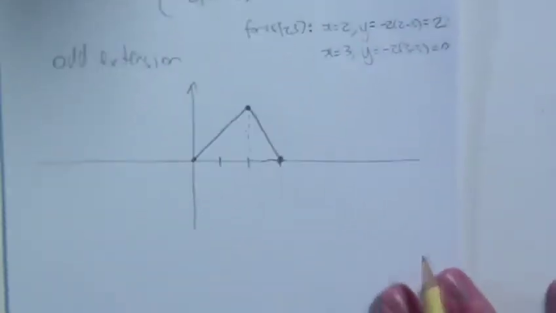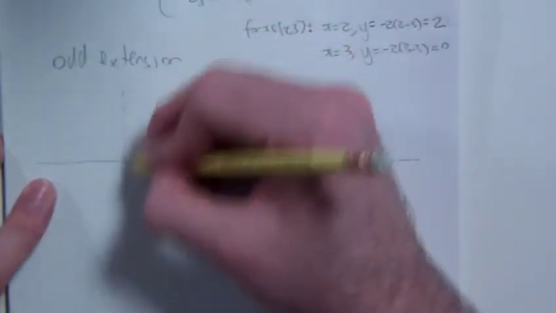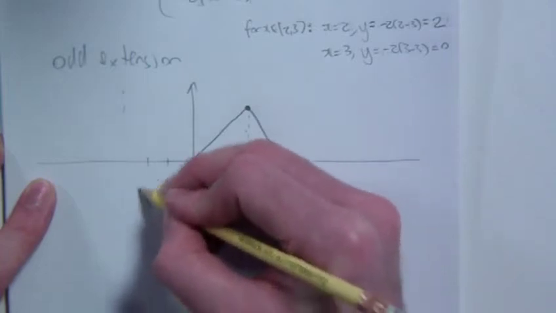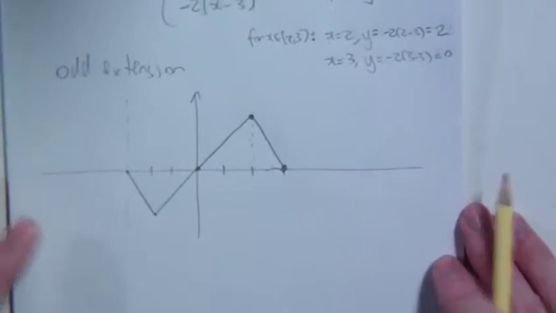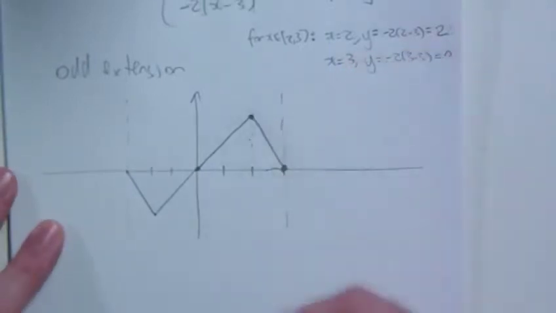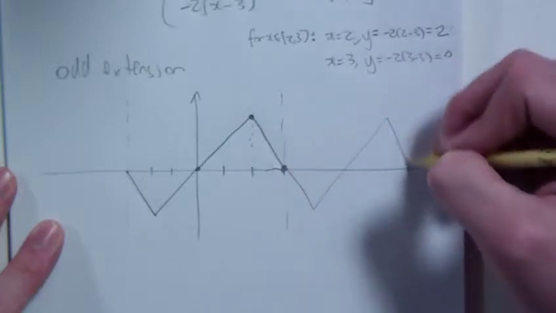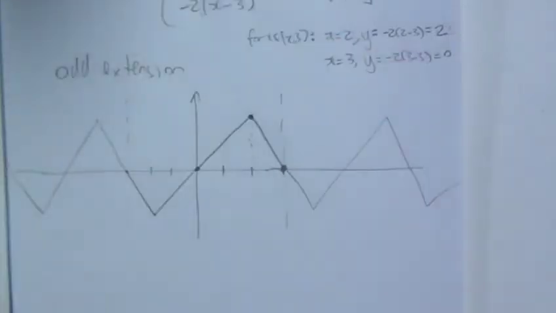And the odd extension would be making it odd first, like that, and then copying that, like that.